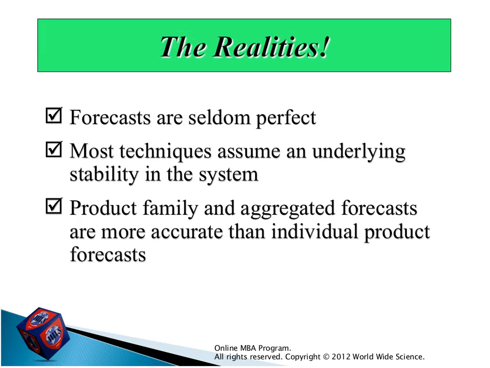Forecasts are seldom perfect. It's clear, yes. Because by use of forecast, you cannot determine the real number for your demand. It's only forecasting. The forecasting number should be near to the real number, but they cannot be the same unless accidentally. Most techniques assume an underlying stability in the system.